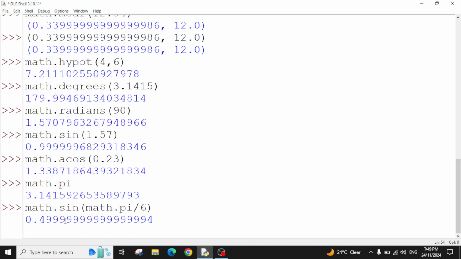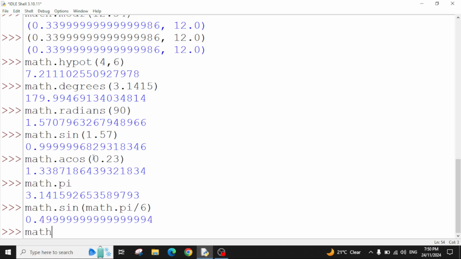So sine 30 is 0.5. So in this way you can express the angle in degrees by the math.pi constant. And if you don't use it, you have to write the value of angle in the form of radians. So by default the angle is in radians.